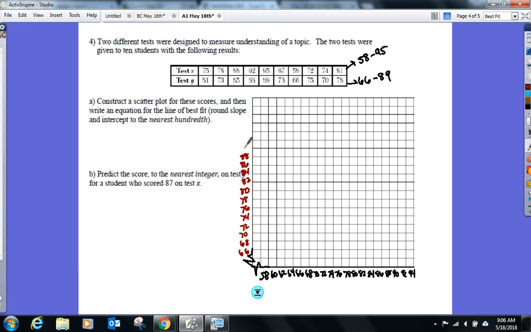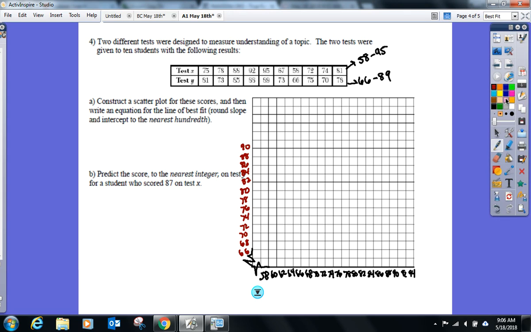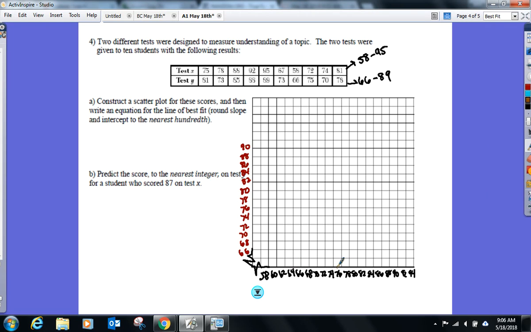Okay, and then the points now. So 75 for X, 81 for Y. So you guys go 75 on your X, up to 81 on your Y. Graph it in. Okay. X and then go up to the Y. So go ahead, graph those points right now.